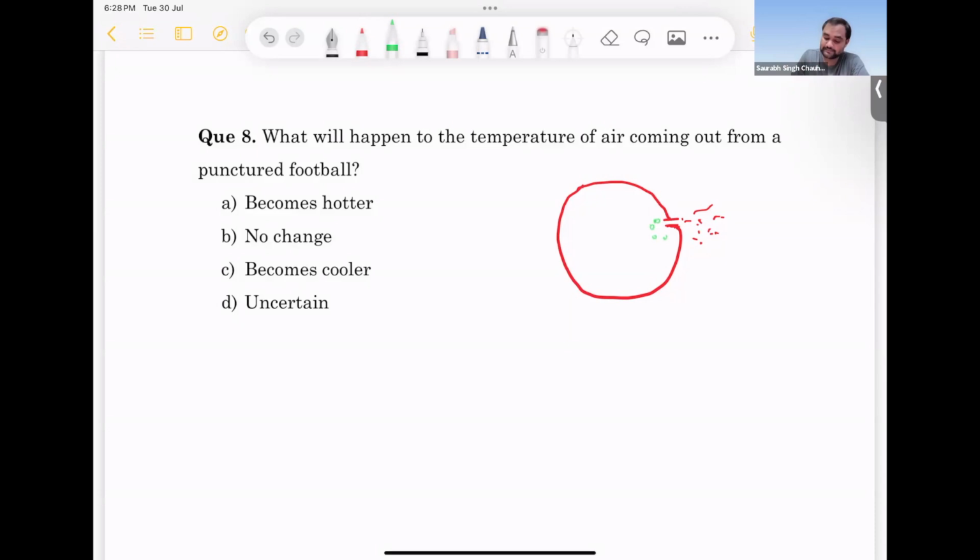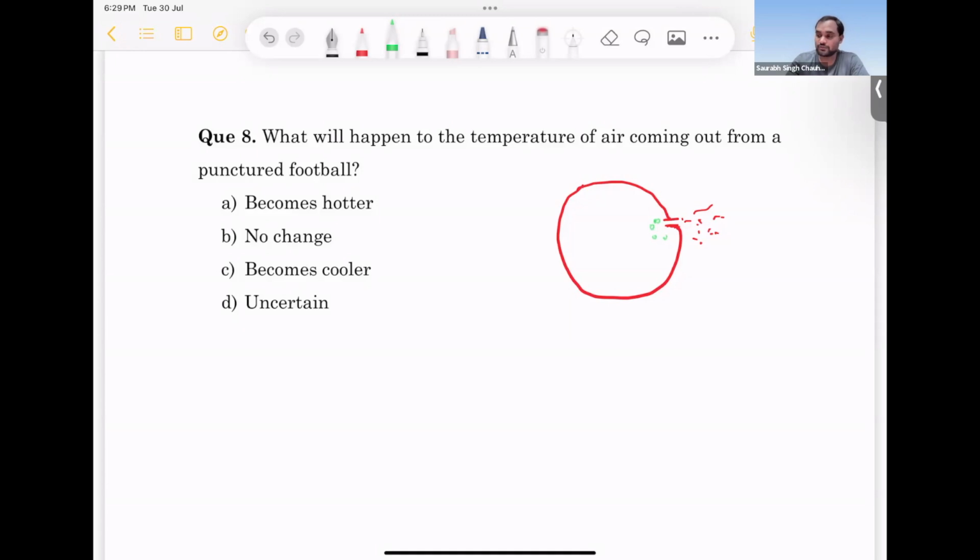Because inside the football, pressure was more, and outside the football, pressure was less. Because of that only, the air will come out. So when air comes out of the football, it will expand because the pressure outside is less.